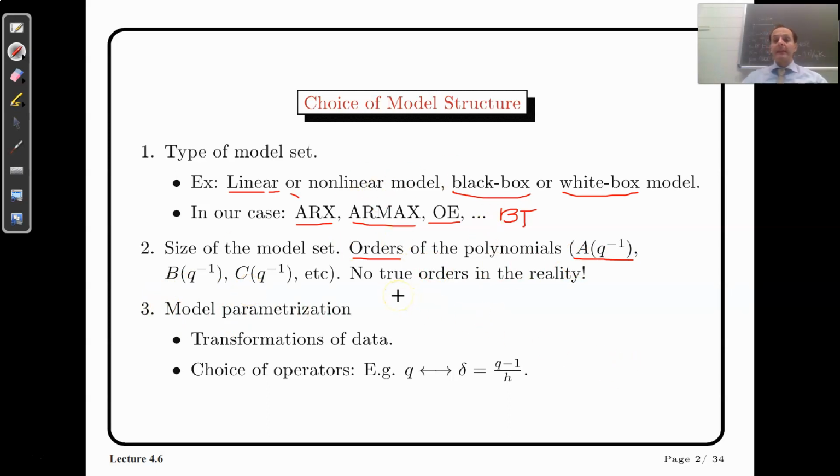Of course, the true order is not available in reality. Another point is the model parameterization. In particular, you may need to transform the data, and also to perform a choice of the operators, for example q and delta in the case you are using discrete-time models.